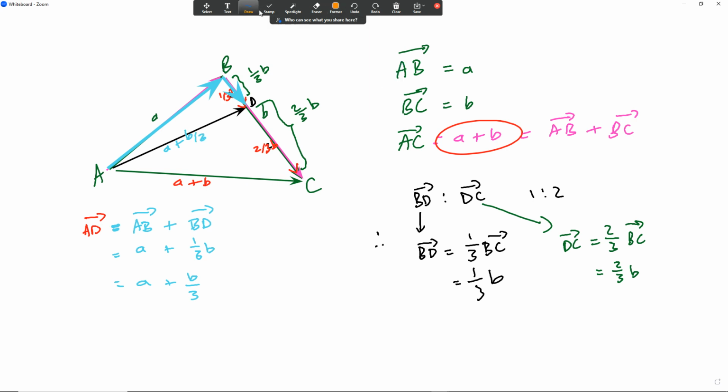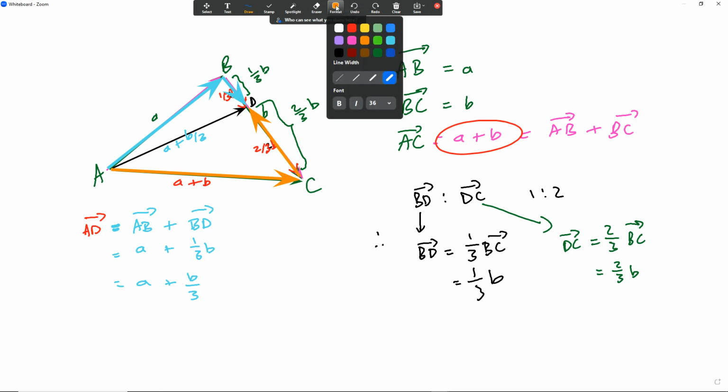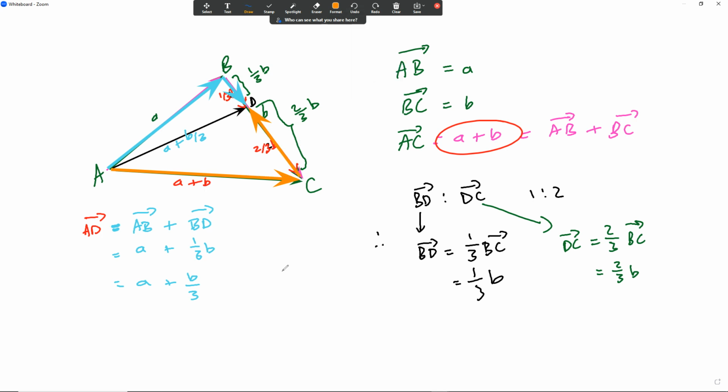Now you might think, what if we went the other way? Shouldn't we get the same result? If I went this way and I said AC and then CD, shouldn't I get the same result? So if I want to go from A to D, again, it can be given by AC plus CD.